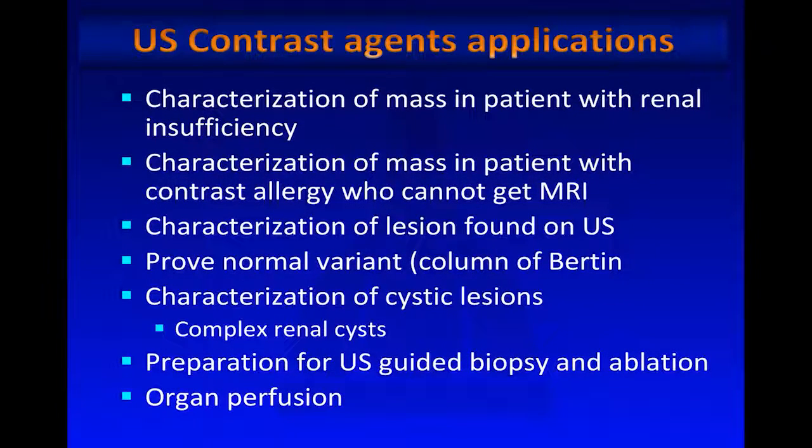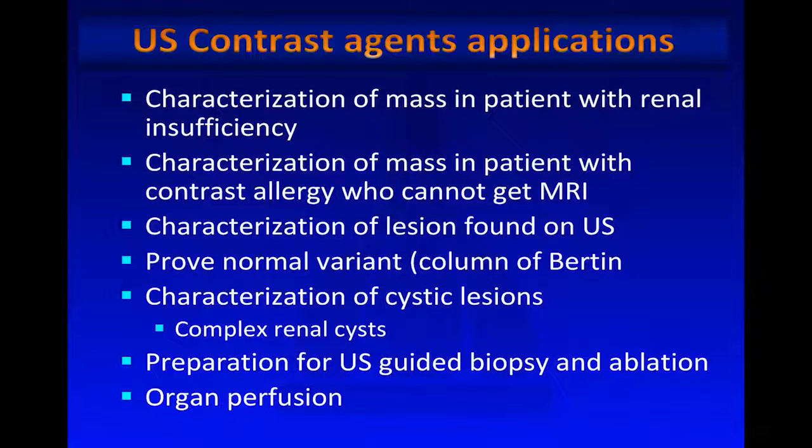So what kind of applications is this useful for? It's very useful in characterization of masses in a patient who has renal insufficiency, or an iodinated contrast allergy, who cannot get an MR. It's also useful for characterization of lesions found incidentally on ultrasound, proving normal variants, such as, for example, the column of Bertin.